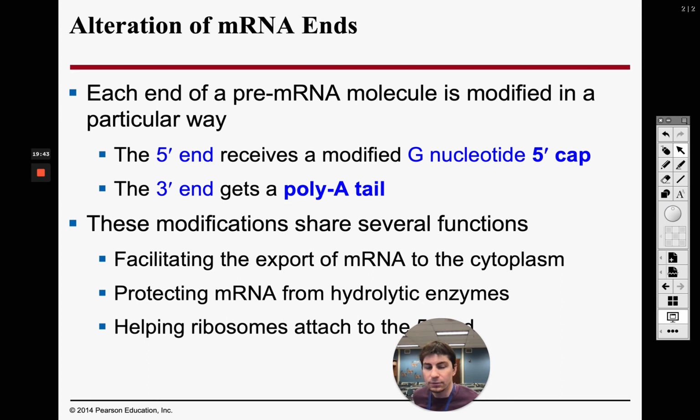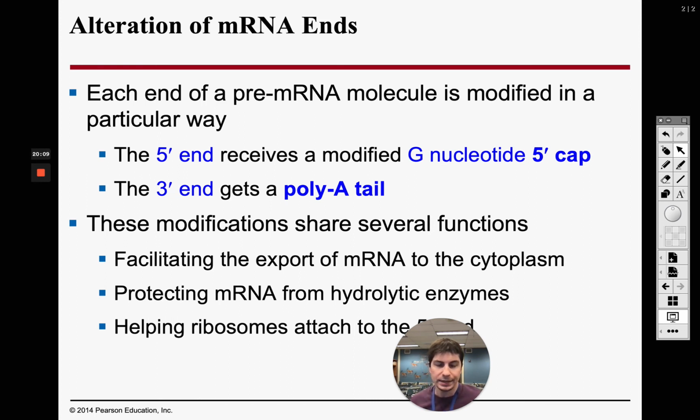So if one of these is missing, this is important for you guys to know, if we don't have the ends, whether it's the G cap or the poly-A tail, our mRNA is not going to be used to make a protein, to make an amino acid sequence. Instead, if you remember last chapter, we talked about the nucleases and exonuclease.